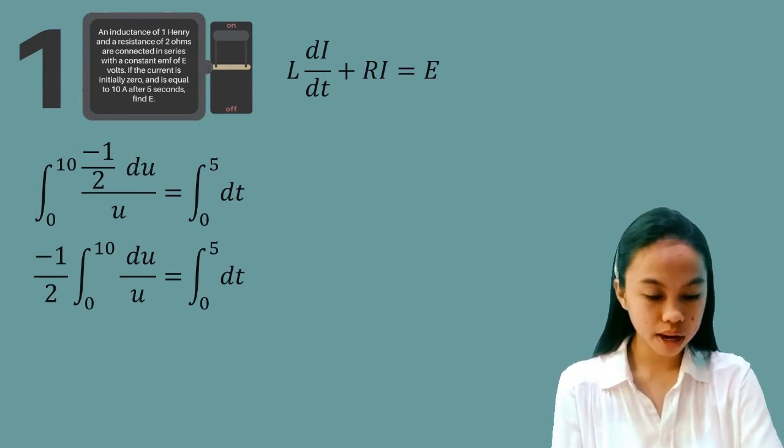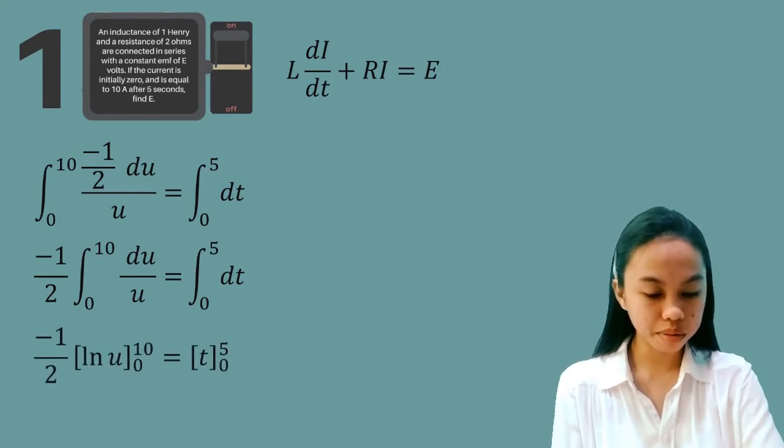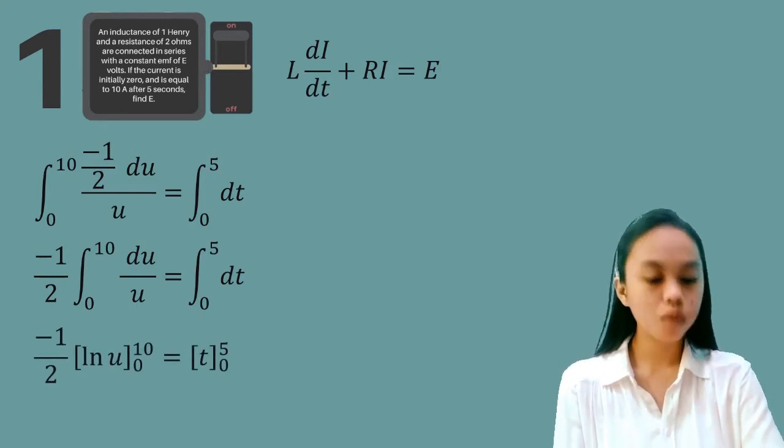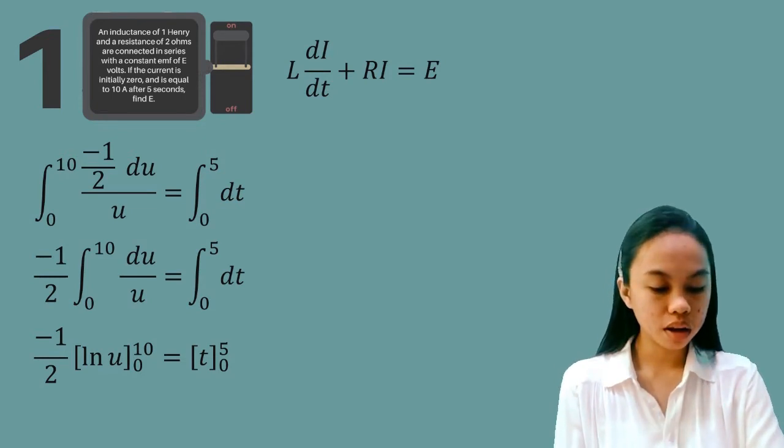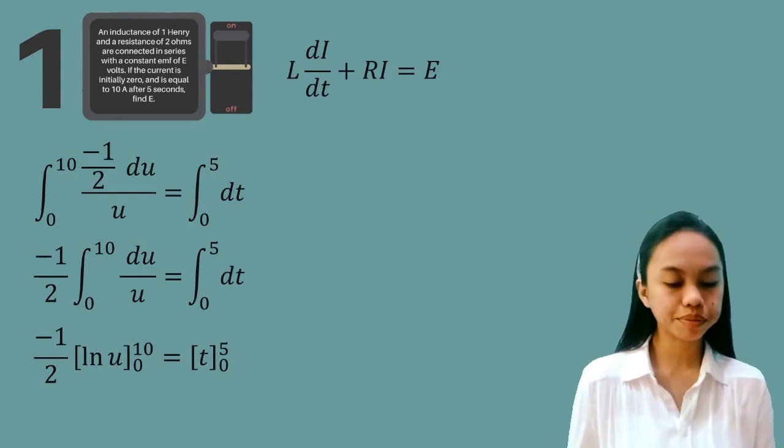have negative 1/2 ln u evaluated from 0 to 10 equals the integral of t evaluated from 0 to 5.